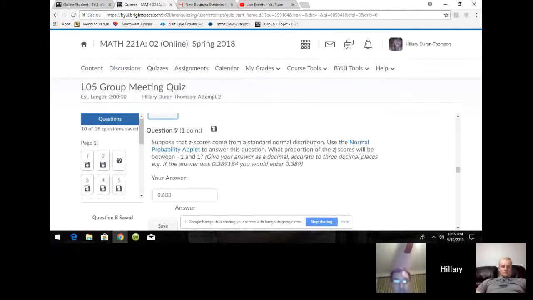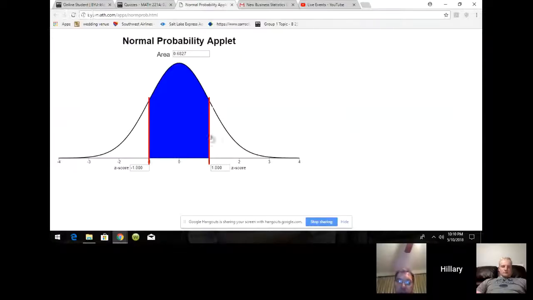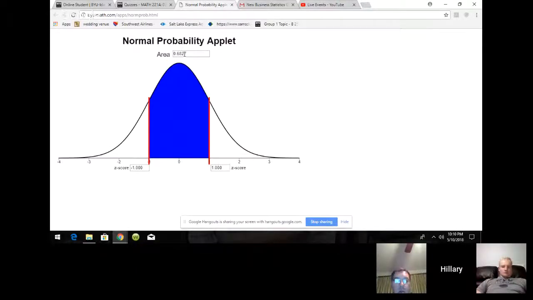Mine came up 0.3173. So, you can see my screen, right? Yeah, I can. Okay, so you're looking for in between -1 to 1. If you highlight just in between here, you're going to get 0.6827, and you have to round to your third one. So it changed to 0.683.